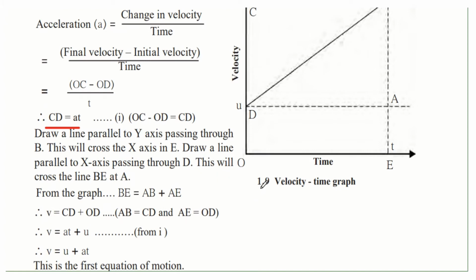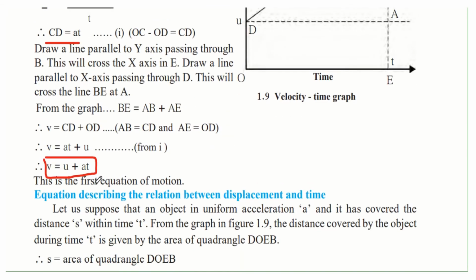When you substitute this here, we would get v, which was the BE line, equal to CD plus OD. As we had got earlier, CD was equal to at and OD is equal to u. So when you rearrange it, you would get v is equal to u plus at. And this is the first equation of motion.